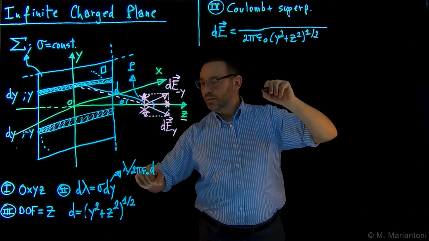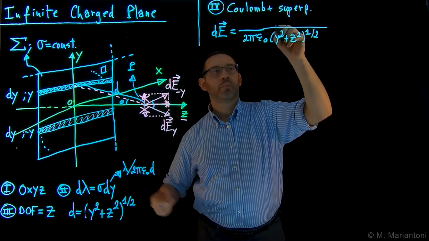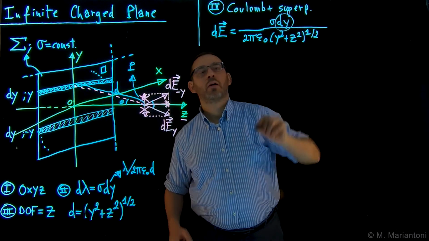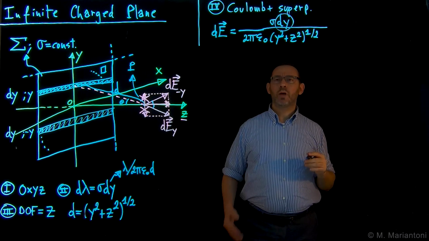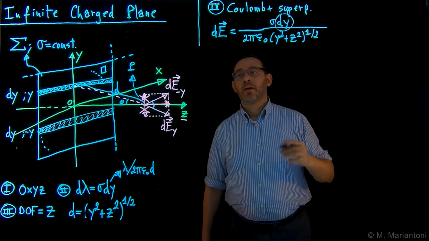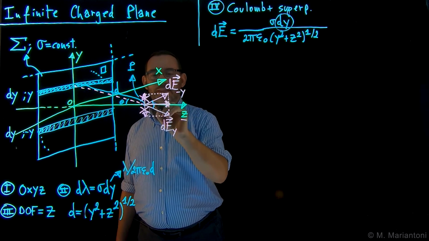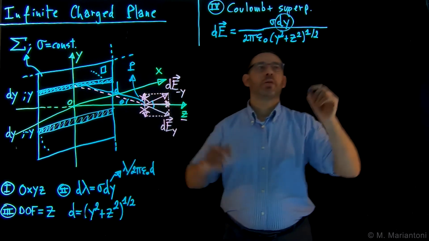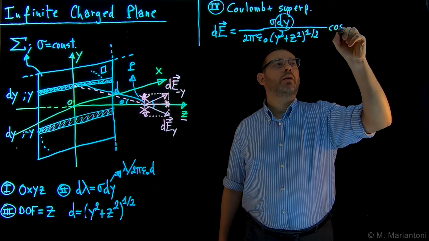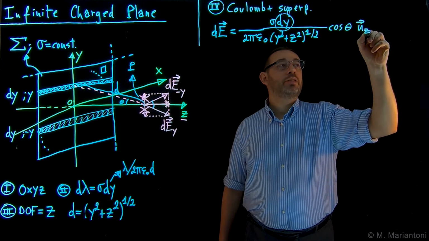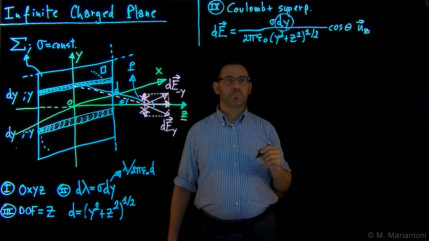So we are integrating along y. This is the infinitesimal field, but note that only one component, the one projected along z, counts, and this is the cosine of theta. So we need to multiply by cosine of theta, and this is the only contributing component, the uz component. The degree of freedom is only z.